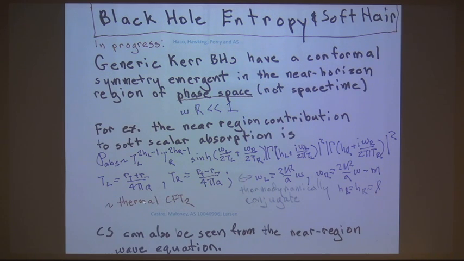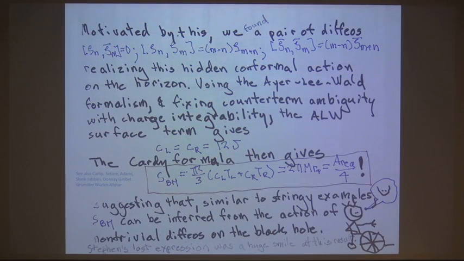And so there's something thermal going on in this region of phase space, with conformal symmetry acting in this region of phase space. And another way of seeing it, which was really first pointed out long ago by Finn Larsen, is if you solve the near region wave equation, the conformal symmetry can be seen from the fact that the near region solutions are hypergeometric functions, which are representations of SL(2,R).